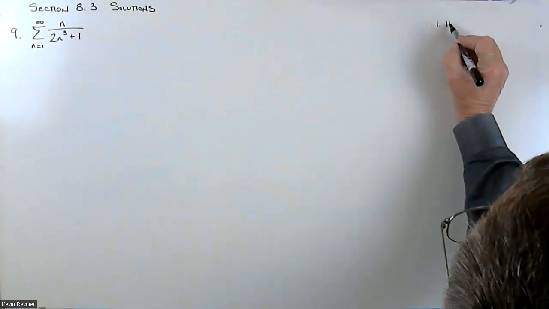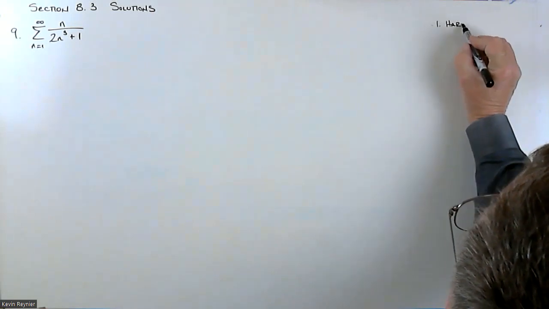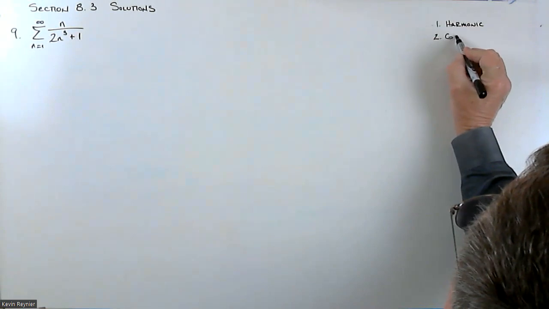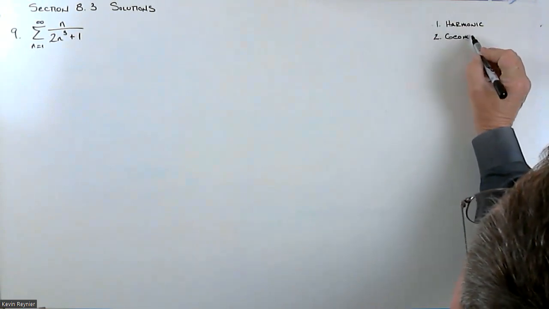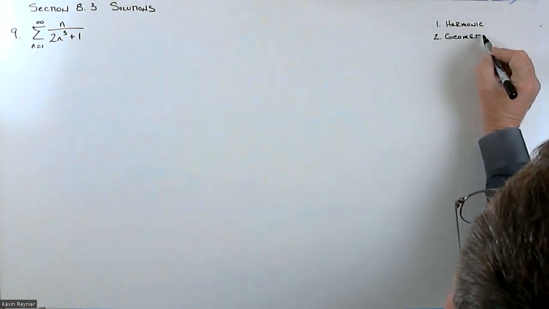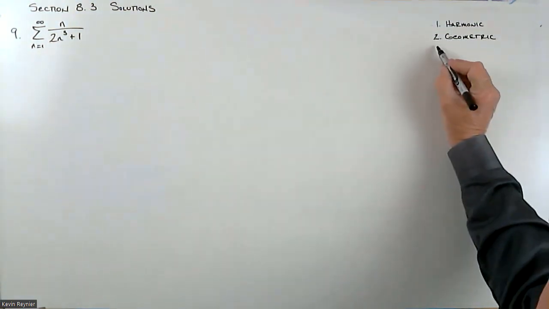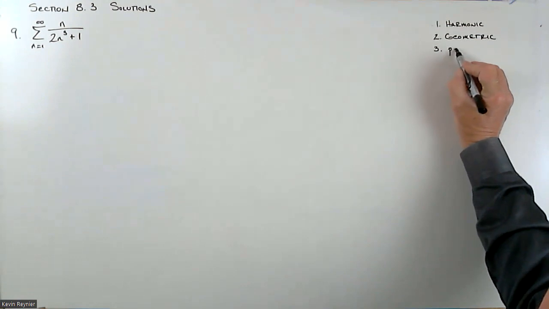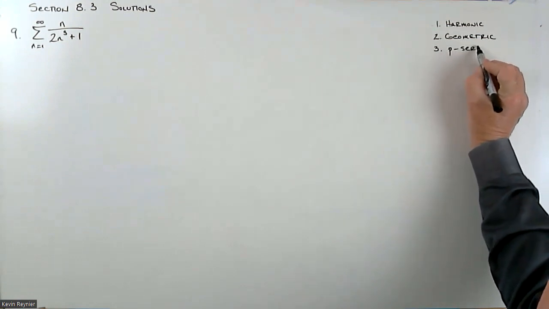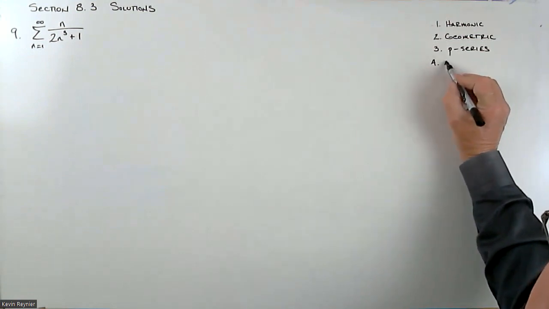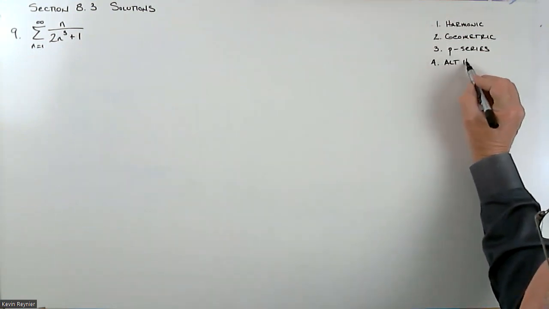We have the harmonic series. We have geometric series. And we have P series. Later, we get to the alternating harmonic series.